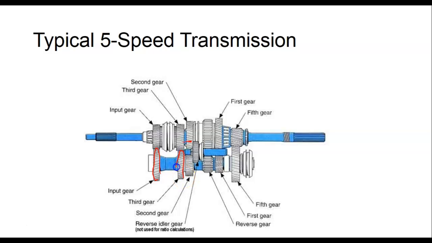So this is third gear. These two are third gear, these two are second gear, and these two are fifth gear. Oh, this is first gear. I went backwards. This is first gear, and this is fifth gear. They're not in the right order.